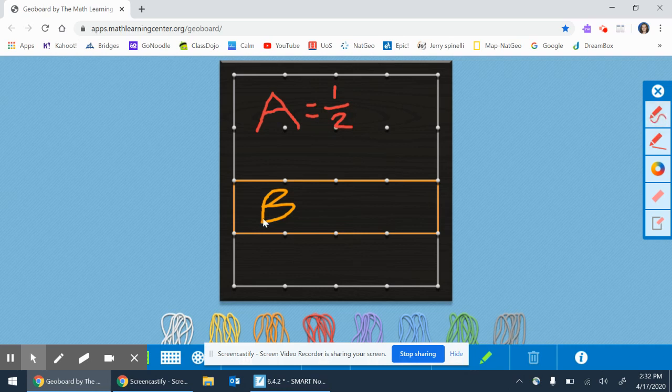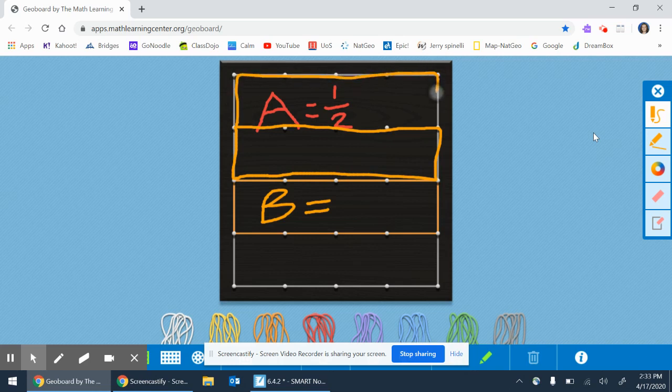And so when we see B, we're thinking that this part right here looks like it would be the same as this part right here and this part right here. So I'm noticing that if I made that same piece between the whole, how many pieces would I end up having? 1, 2, 3, 4. So I know it's going to be 4.